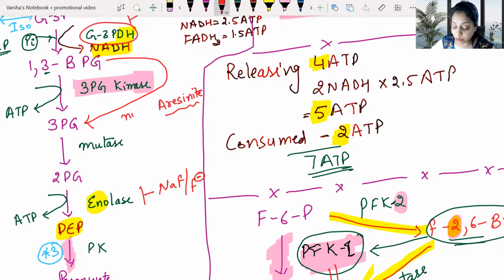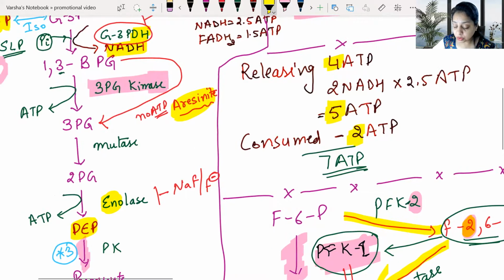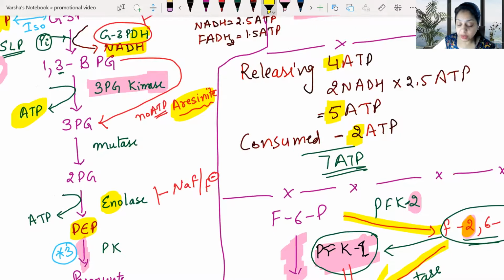So there is no ATP being produced. It works similar to the 2,3-BPG pathway, but here arsenite is the culprit which does not allow the synthesis of ATP, right? So these are the very important inhibitors I want you to know.